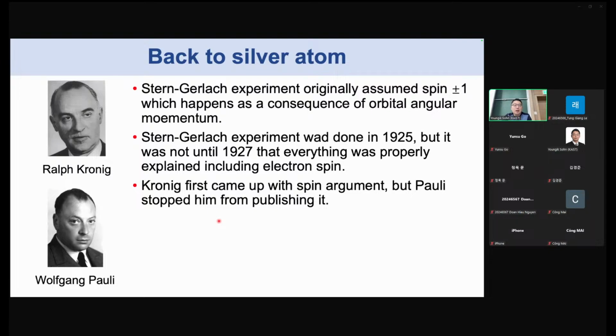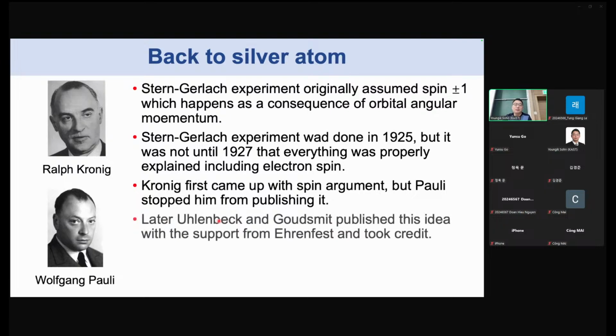And then there's another physicist, Ralph Kronig. He came up with a spin argument. He thought it cannot be an orbital, it should be a spin. He was discussing it with another physicist, Wolfgang Pauli, of the exclusion principle, and Pauli said, "Oh, that looks like it's not complete. Don't publish." Then he didn't publish.